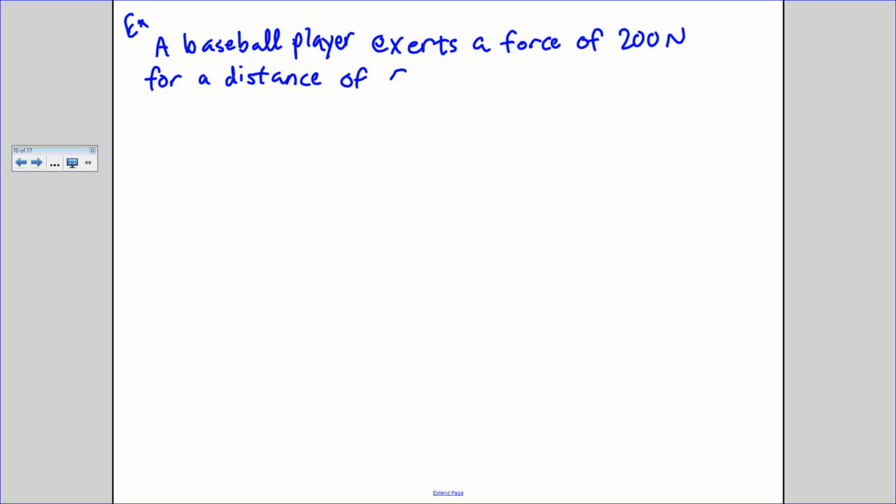For a distance of 5 meters on a ball with a mass of 1 kilogram. What is its final velocity?